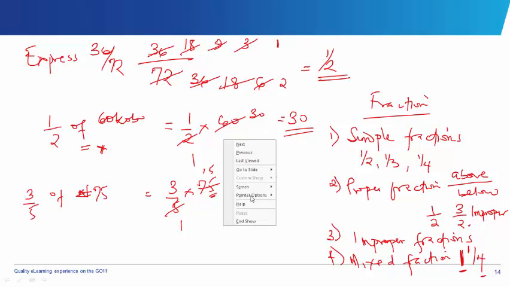Okay, now I must state at this point that we can convert improper fractions to proper, make them proper. Anytime we convert improper fractions to proper fractions, they automatically become mixed. For example, let's say 5/4 is improper.